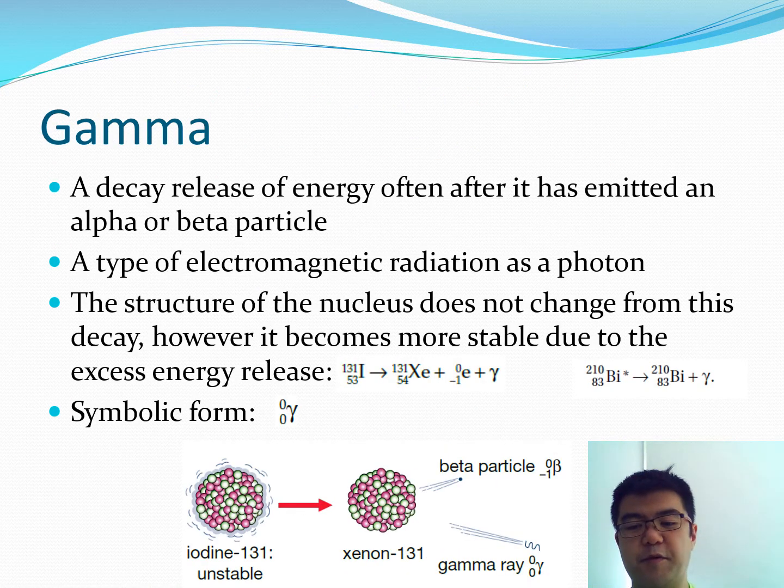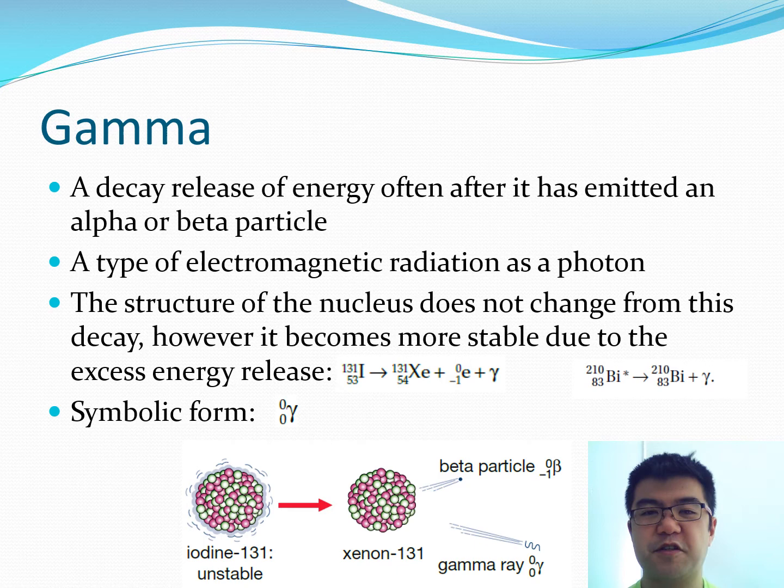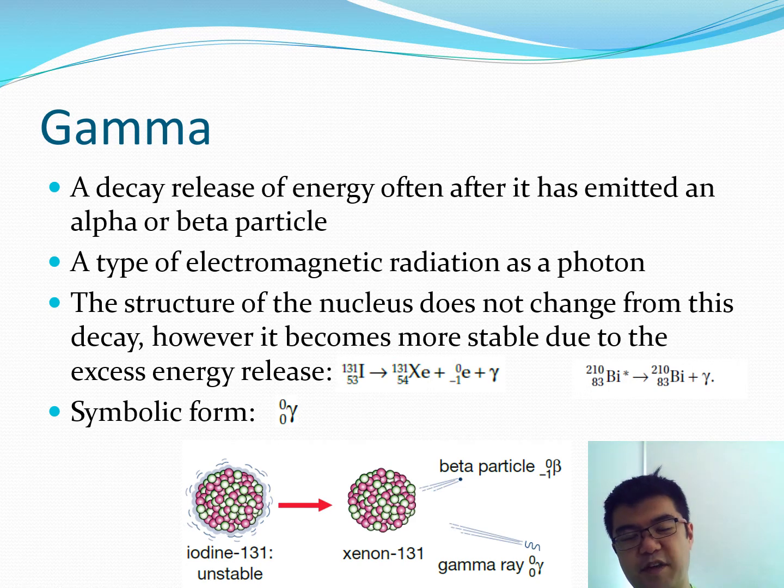Alright, gamma radiation. Gamma radiation is probably the easiest one. It is a type of energy. It doesn't release any particular particles other than a photon. And photon, obviously, we link it to light. We say light releases photons, so really it's releasing light.